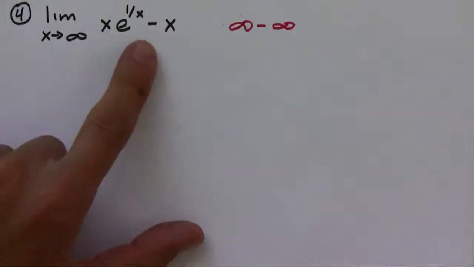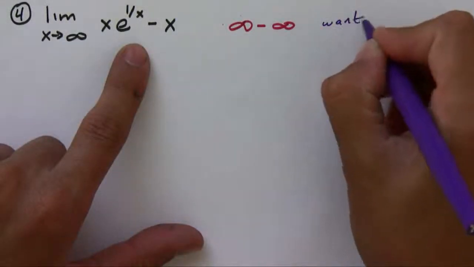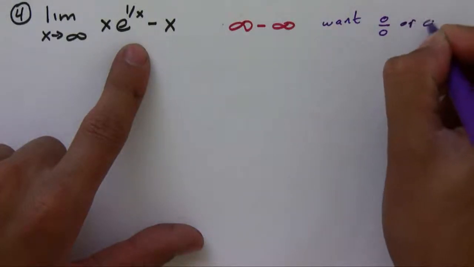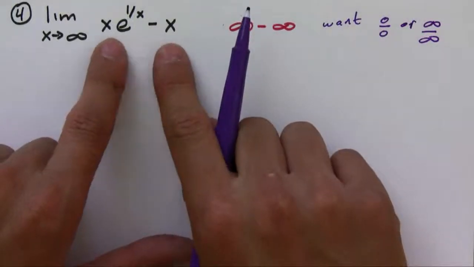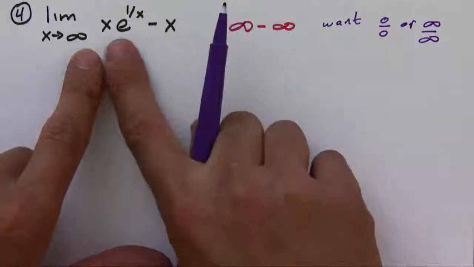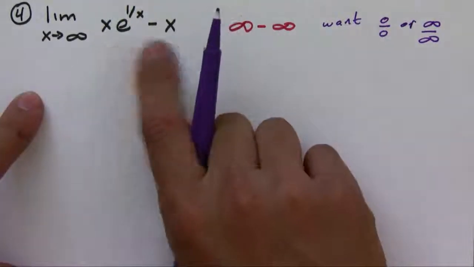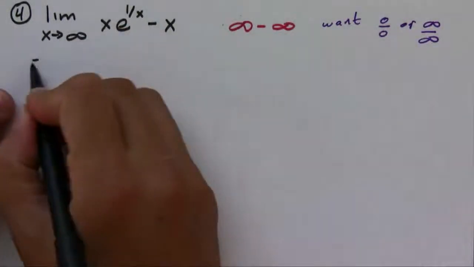Now, you look at this, and what you want to try to do is get it into a fraction so that you get 0 over 0 or infinity over infinity. And so you go, okay, notice that there's an x in common, and you could factor out an x, so let's try that.